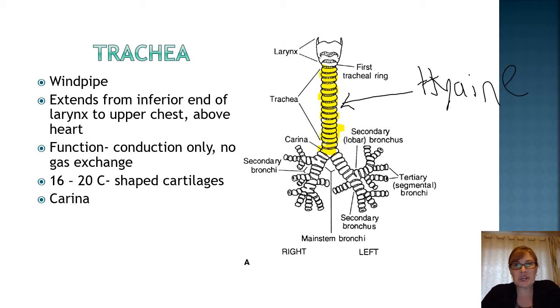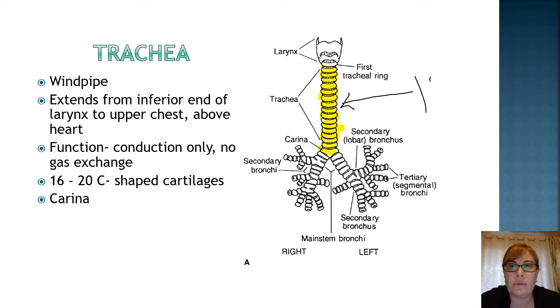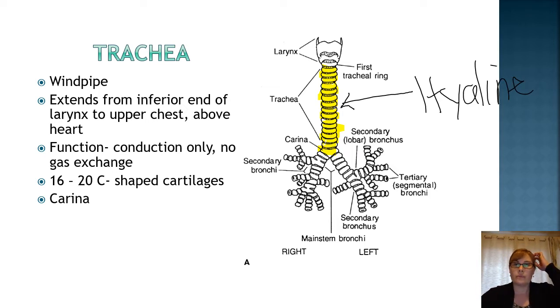Okay, so hyaline cartilage. I'm going to erase that and do it again. Not all of this is hyaline cartilage. It's just the rings, and the rest of it is mainly muscle. These rings are C-shaped. If you look at it from the front, we see this shape.